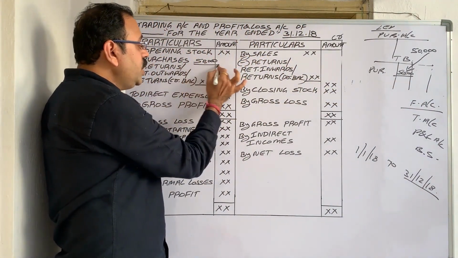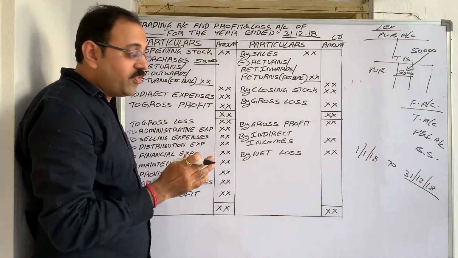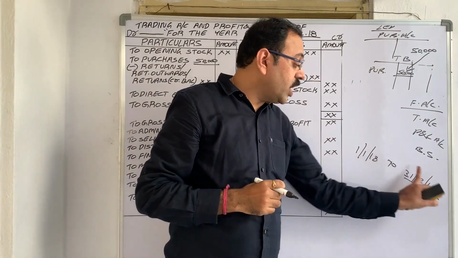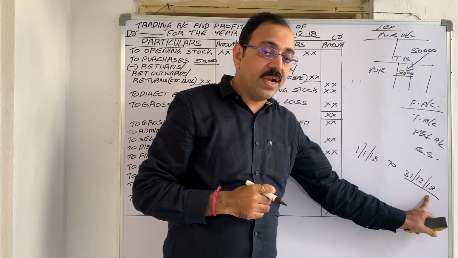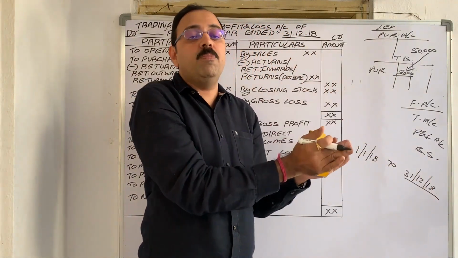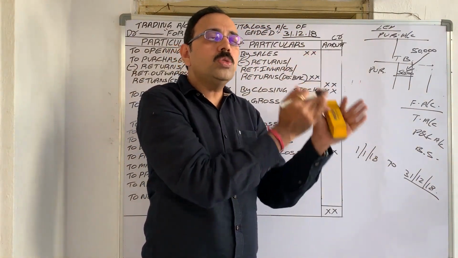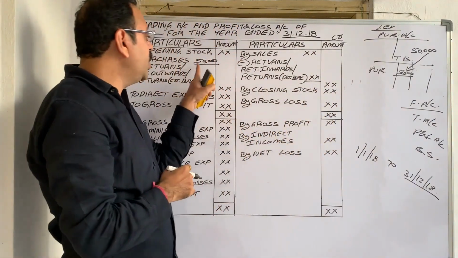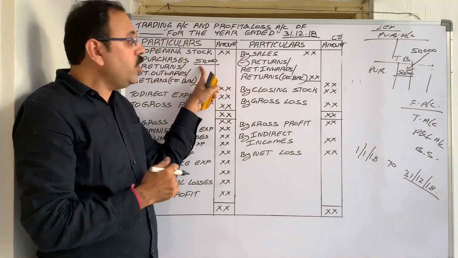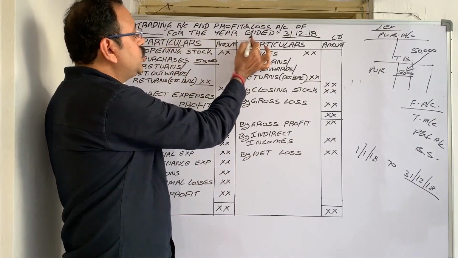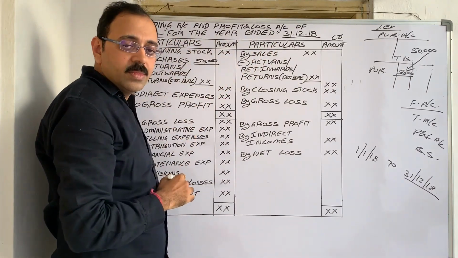So this 50,000 figure is from 1st January 2018 to 31st December 2018. However many purchases we made, the total of all those purchases is this 50,000 rupees. Therefore, this sentence, for the year ended, is used.